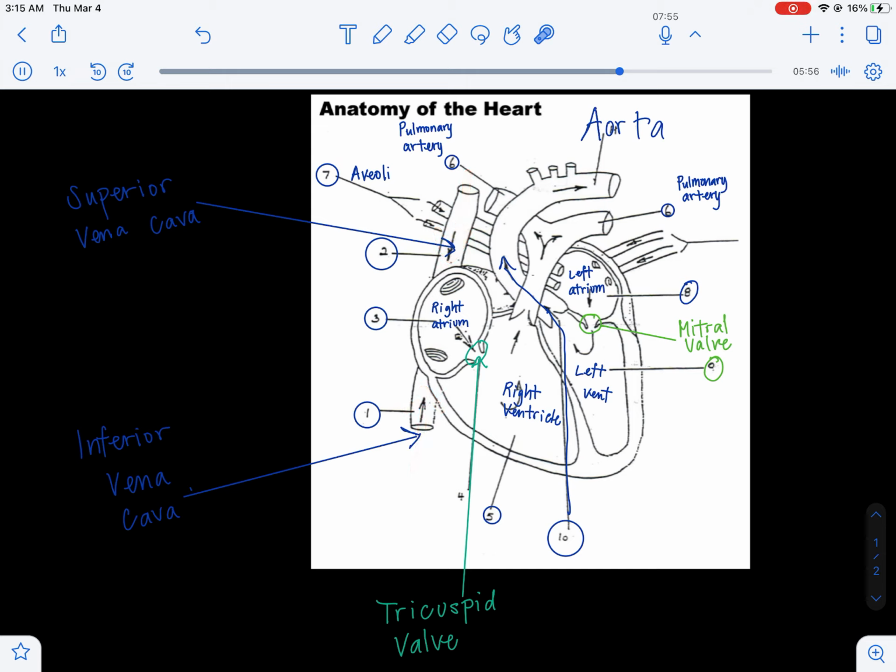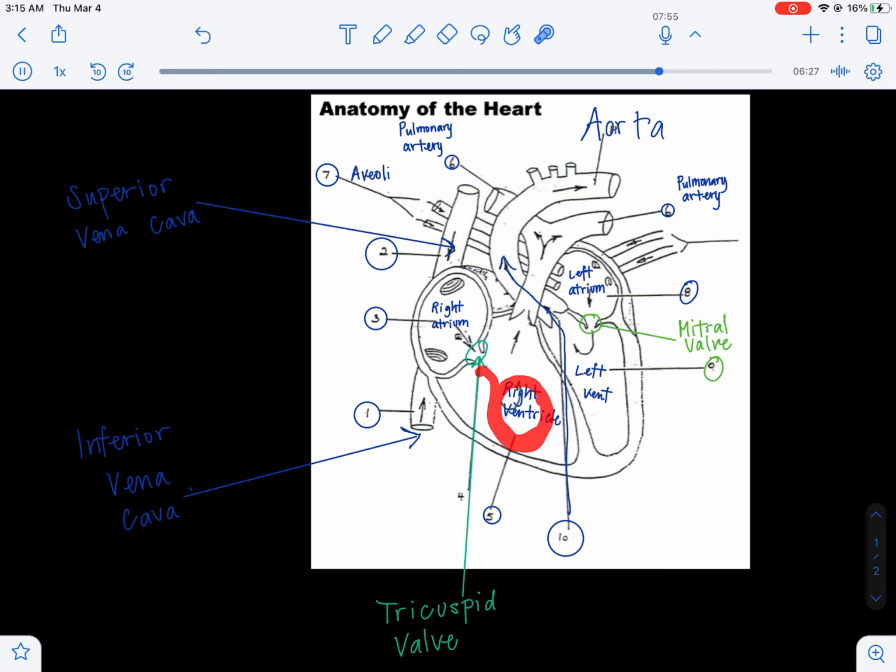And then after that it travels to the right atrium, which then drops the deoxygenated blood to the tricuspid valve. After the deoxygenated blood travels from the tricuspid valve, it goes to the right ventricle. So the blood is still deoxygenated.